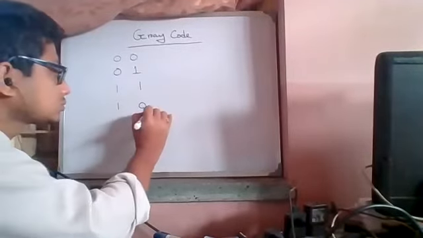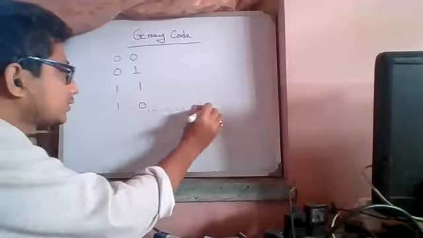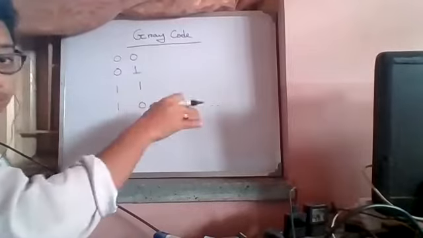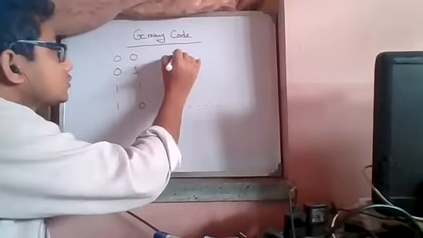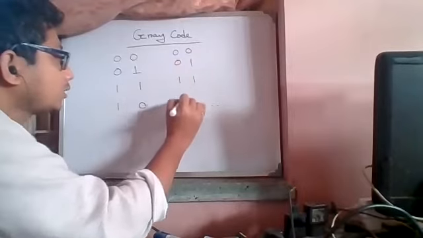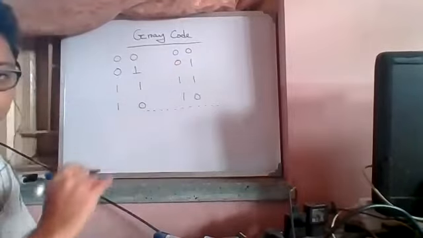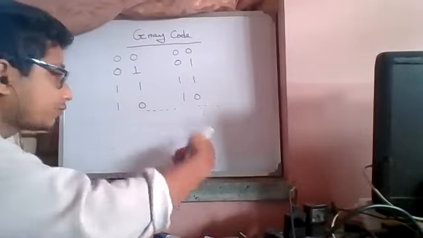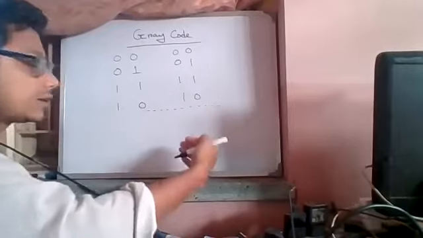Now if I take it as an axis, I'm writing again. Now I'm converting the 2-bit Gray code to a 3-bit Gray code. Check it. So I'm writing 0 0, 0 1, 1 1, 1 0. Now here I have to reflect it. Below the axis I will reflect the same thing.